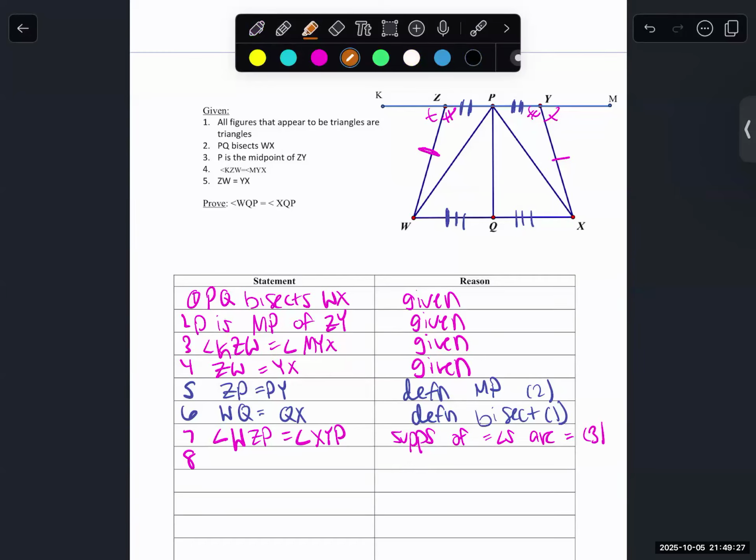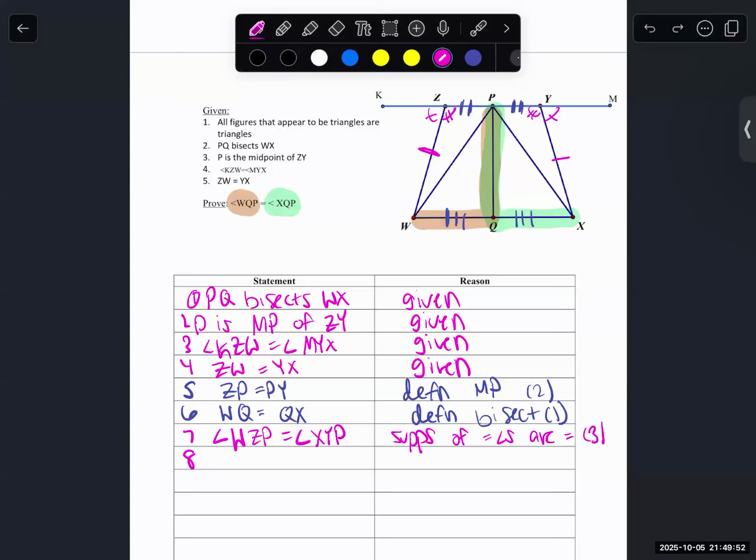Now let's take a step back because I've used a lot of stuff that I know, but I really haven't looked at my proof. So here's my proof. I'm trying to show that WQP is equal to XQP. Now, if you notice, we only really have one thing about that triangle, and it's this side right here.